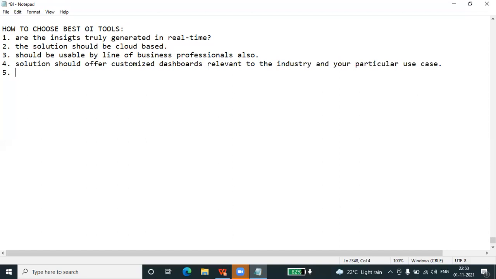Does the solution complement existing intelligence tools and technologies we already have in operation? Is the solution ready to connect with your machine data out of the box?